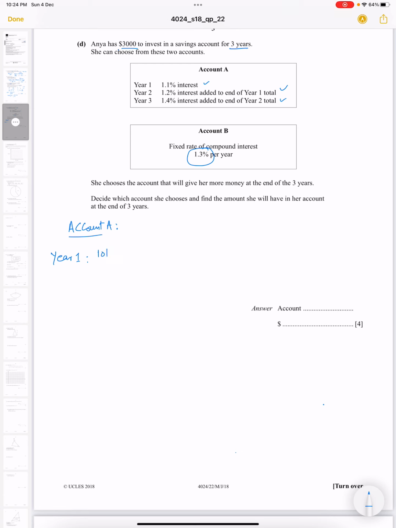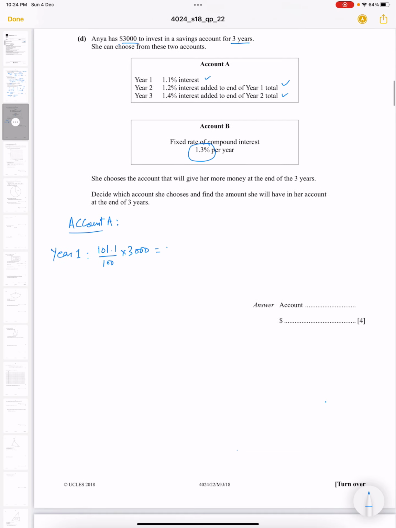So basically 101.1 over 100 times 3,000, and we get 3,033. Then at the end of year 2, it is 1.2% on the previous amount, meaning 101.2 over 100 times 3,033.